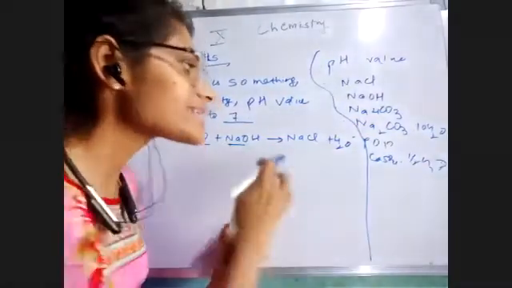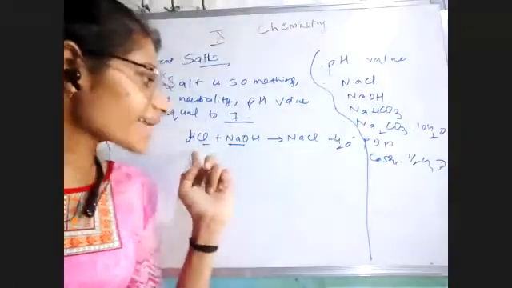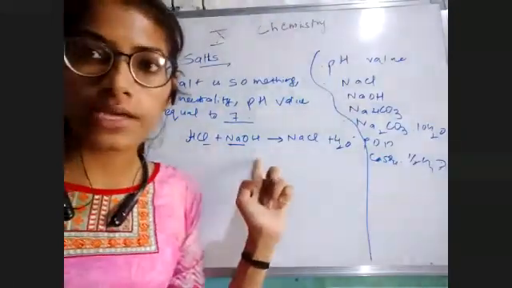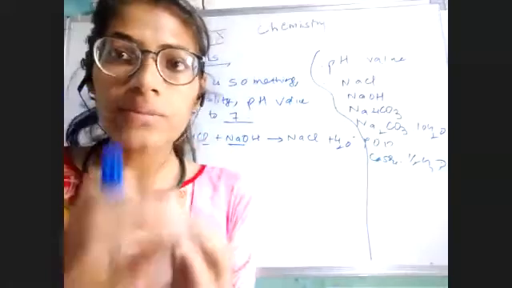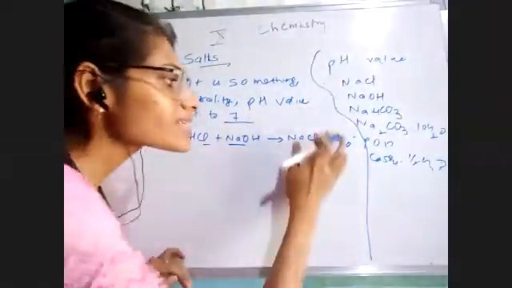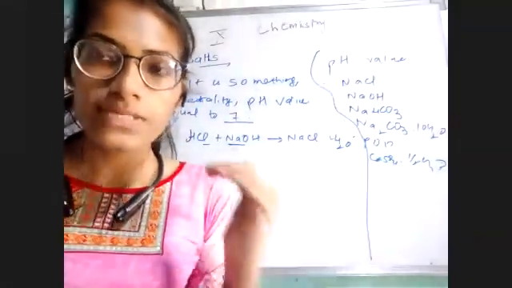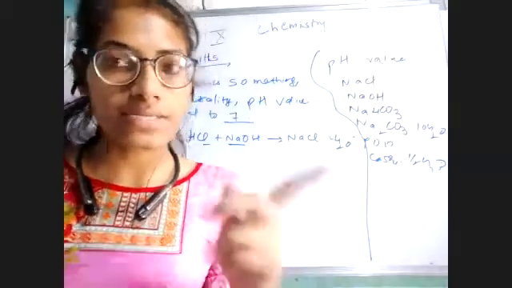So this NaCl, which is formed with the help of a strong acid, HCl, and a strong base, NaOH, when they react completely to each other, the water would be released and the salt, that is sodium chloride, would be formed with pH equal to 7. That is our first point.